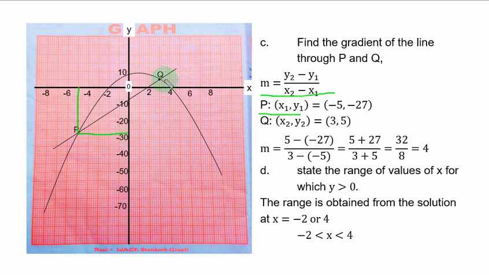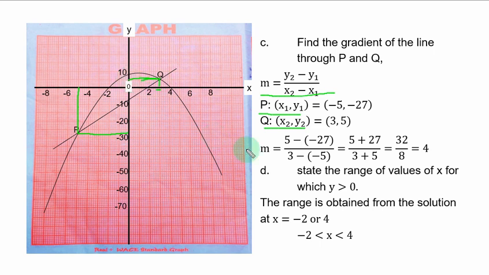We take point Q as the second coordinate with point (s2, y2). If you trace from this point to the s-axis, you have 3, and if you trace to the y-axis, you have 5.